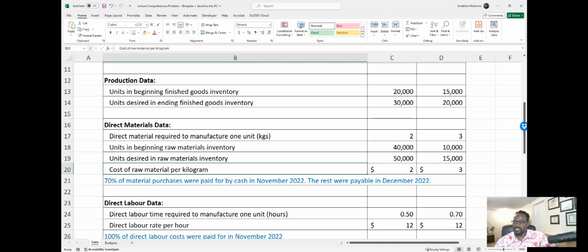We're given information that tells us the cost of the raw materials per kilogram, and also how these purchases for the raw materials are going to be paid.